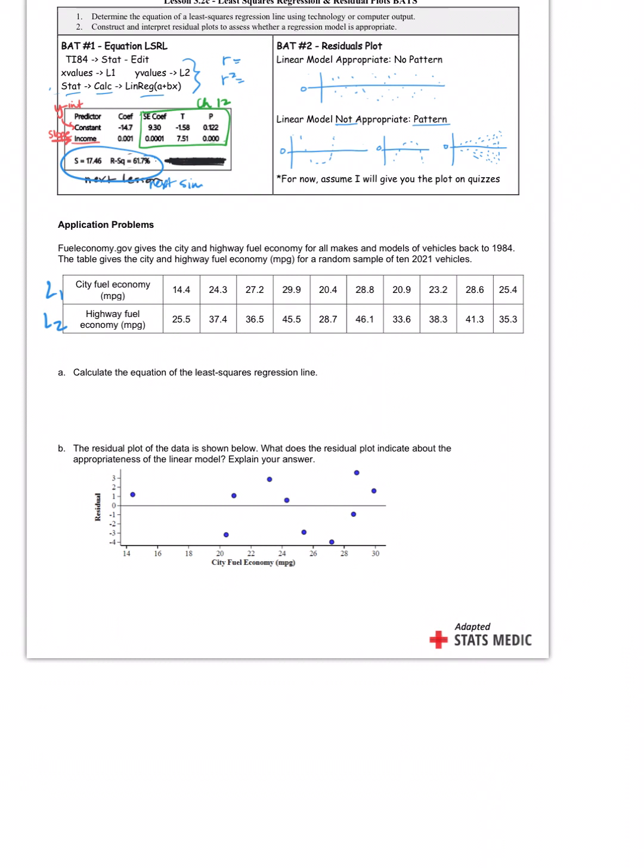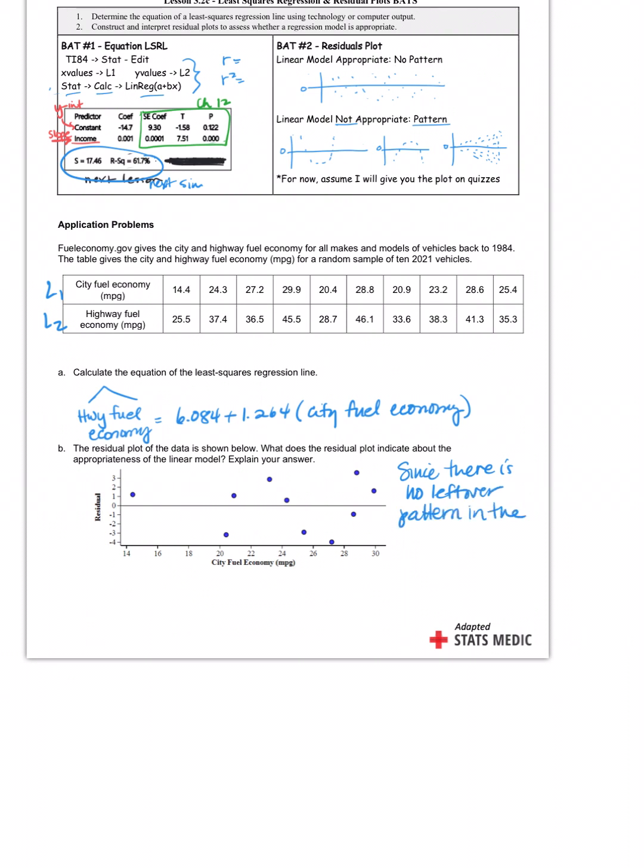So we would say, since there is no leftover pattern in the residual plot, the linear model is appropriate for city versus highway fuel economy.